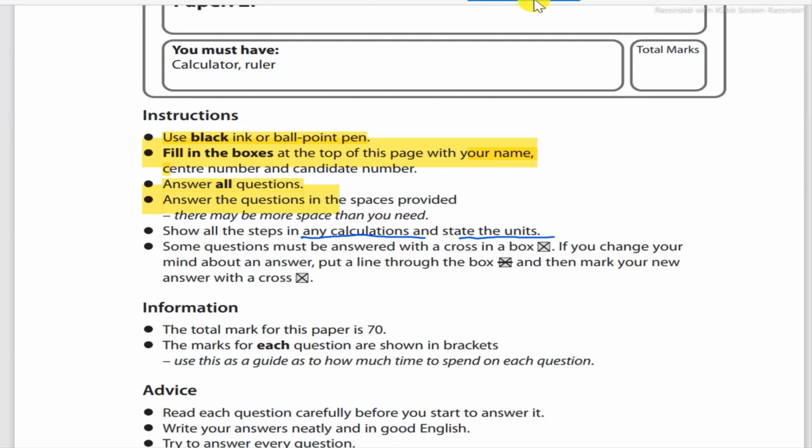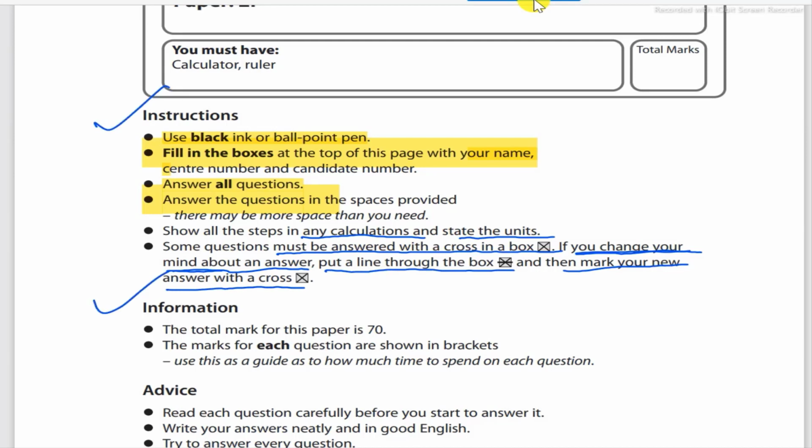Some questions must be answered with a cross in a box. If you change your mind about the answer, put a line through the box and then mark your new answer with a cross.